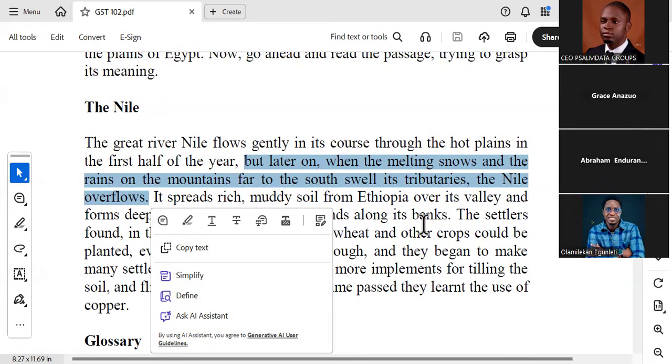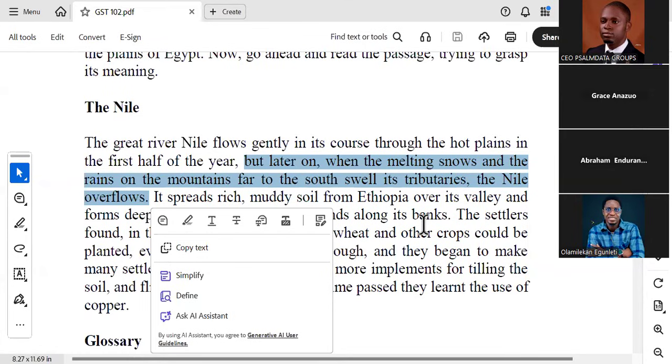What else can we remove there? When we can remove "when". Later on, the melting snows and the rains on the mountains.